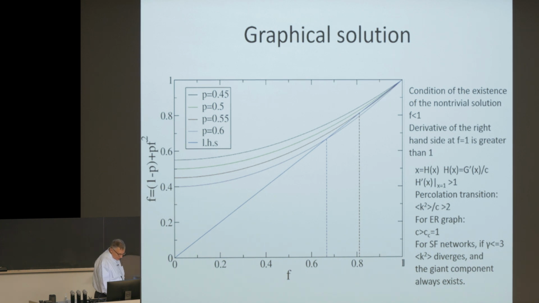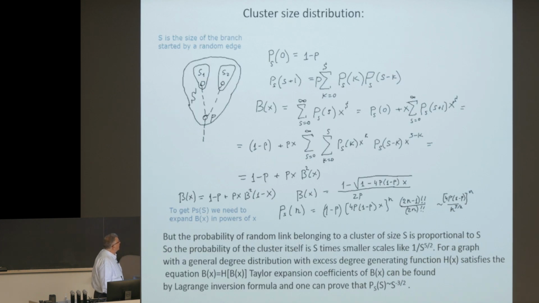Below, it doesn't exist. And very similarly, you can find the distribution of these giant components. Here we are not computing the distribution of giant components themselves, but the distribution of sizes of the branch by which you go from a certain link.